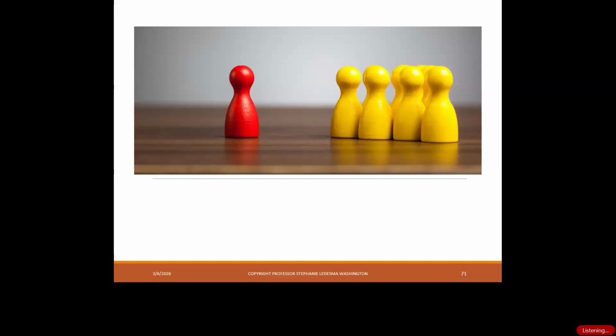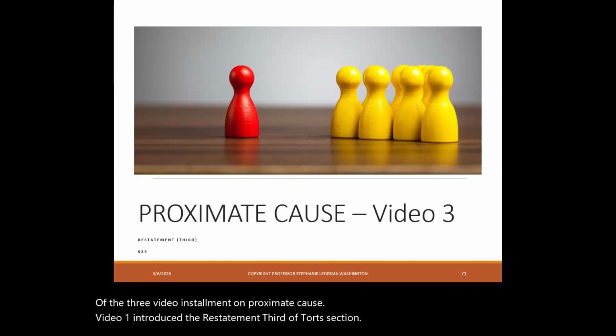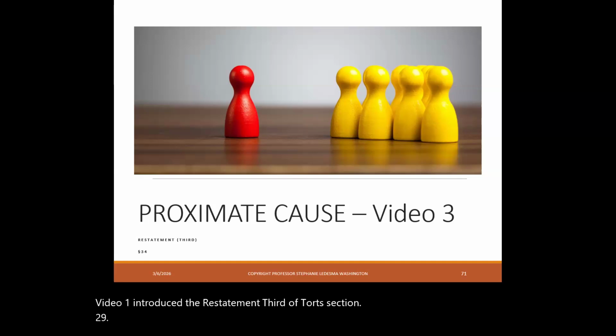Welcome to video 3 of the 3-video installment on proximate cause. Video 1 introduced the Restatement Third of Torts, section 29, as the rule of law that is applied to establish proximate cause.